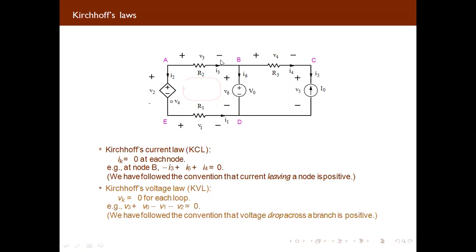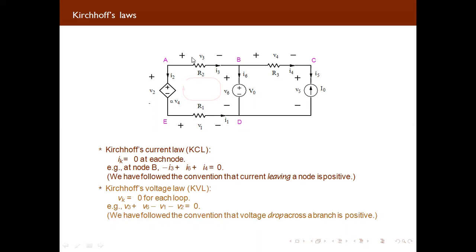Our first loop is A, B, D, E, and if you are applying KVL, what does KVL say? The algebraic summation of the potential drop for every element across a closed loop will be 0. So if you are starting from this point A, B, D, E, we are starting from A. If you are taking potential drop as positive, then what will you take for potential rise?